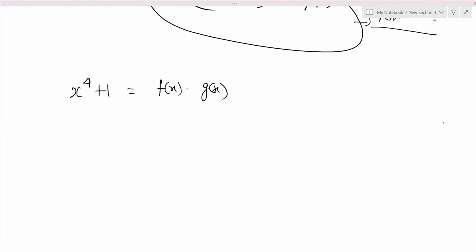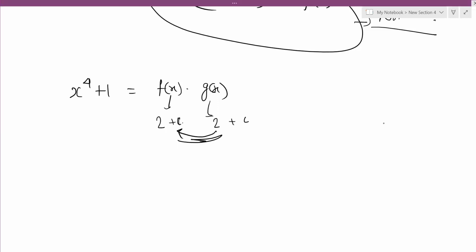So suppose each has a degree 2 term, and since you have a constant term here, you also need a constant term in both. When you multiply a degree 2 term with a constant term, you will get a degree 2 term, but that is not there. Similar idea, you can argue in this way that this is irreducible.